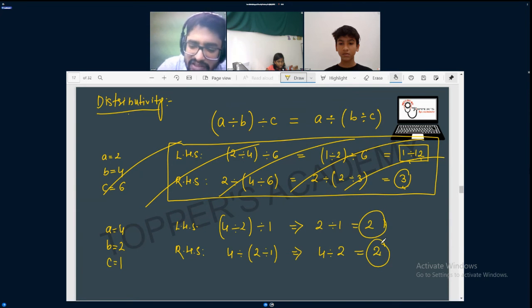In this case, LHS is equal to RHS, so on the basis of this example, you could assume that division is a distributive operation.